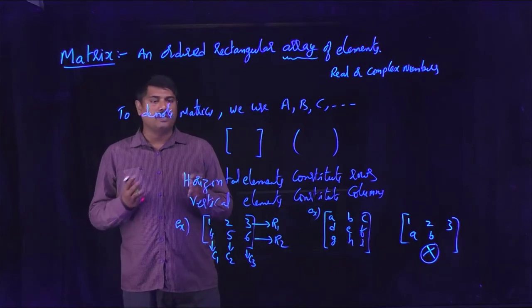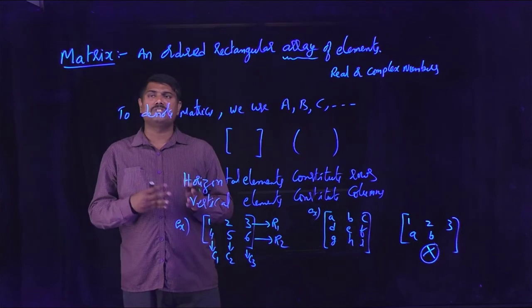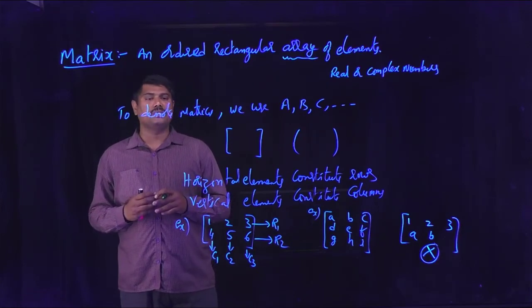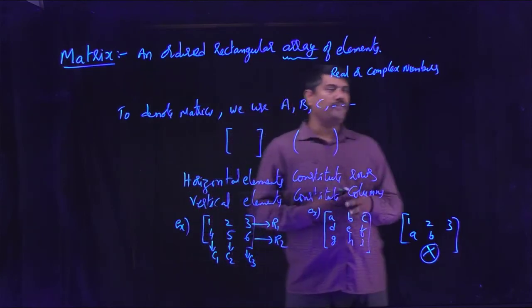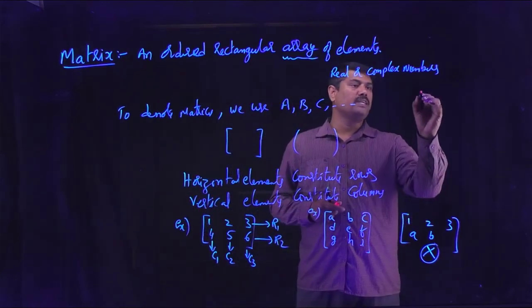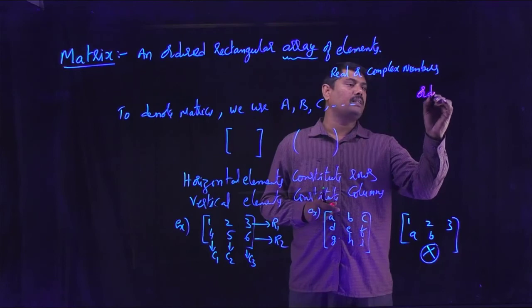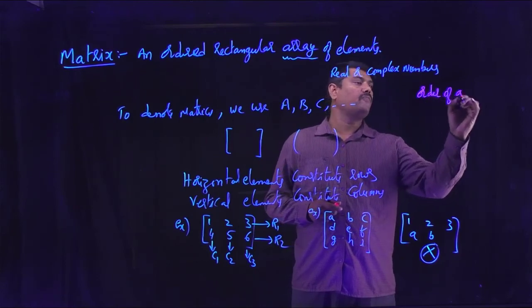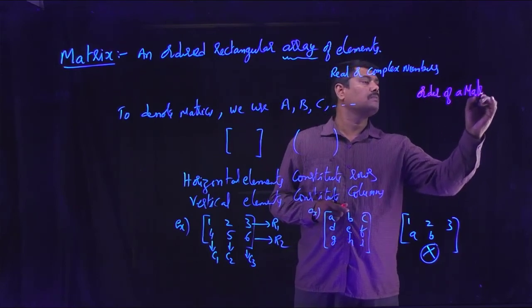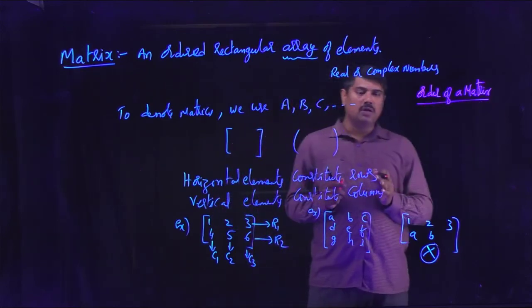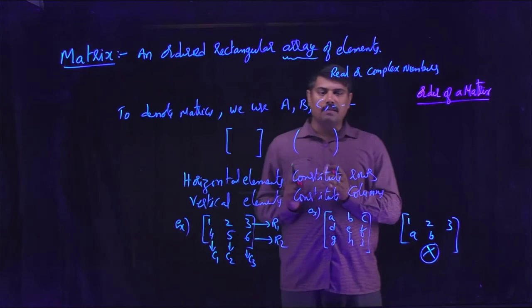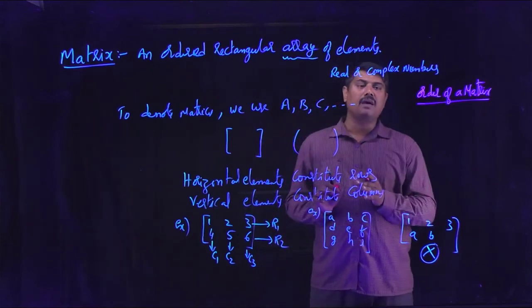Based on the number of rows and number of columns in a matrix, we can define order. The next definition we are going to discuss is the order of a matrix. This definition is completely based on the number of rows and number of columns present in a matrix.